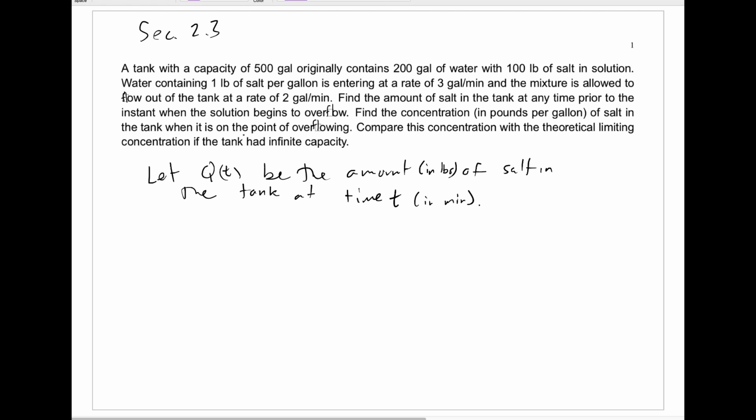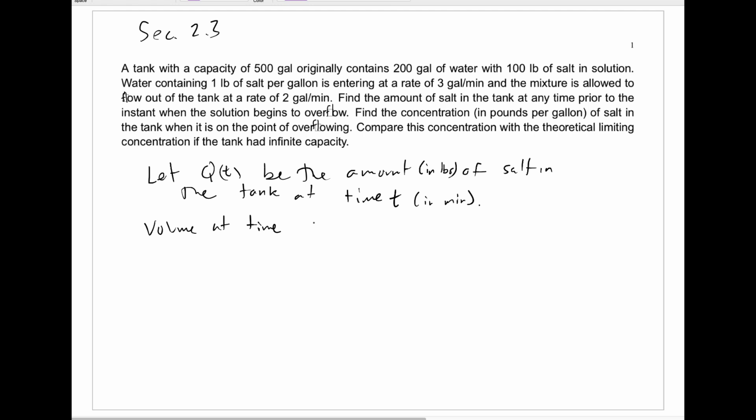Let's tackle the easiest part of this first. The volume at time t is not constant. The tank starts with 200 gallons of water, but since each minute 3 gallons of solution comes in and 2 gallons go out, we can write that the volume at time t starts at 200 and increases by 1 gallon each minute.